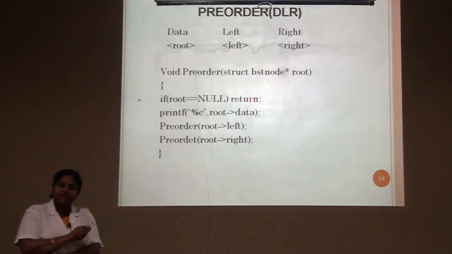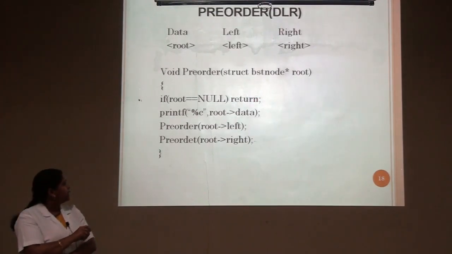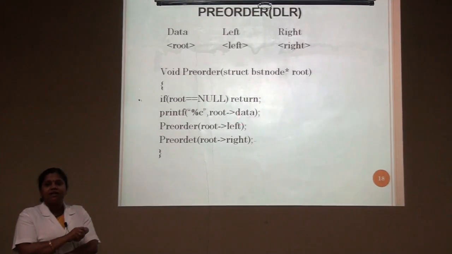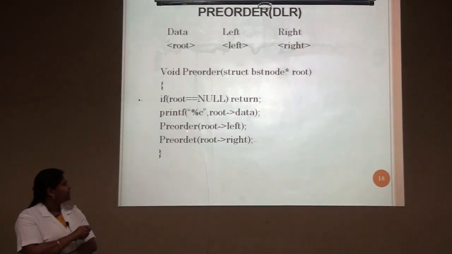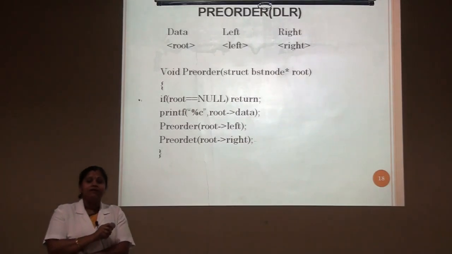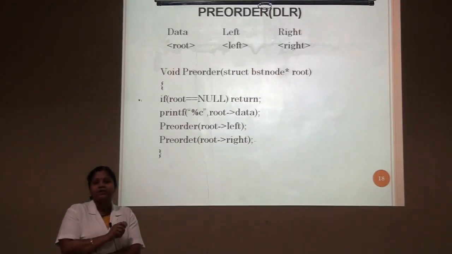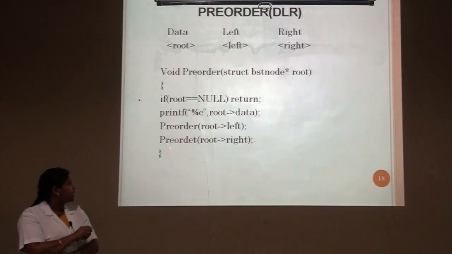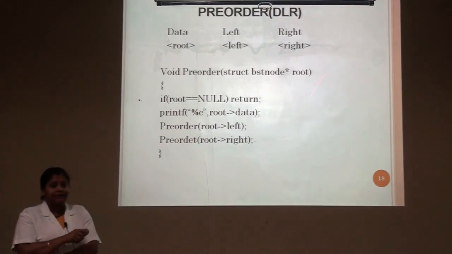After visiting the root node data, we go for the left child: pre-order root dot left. This is the recursive function call. Recursively, the same function is called for the left subtree, and after completing the left subtree, we go for the right subtree. We visit the nodes in the right subtree by calling this recursive function, pre-order root dot right.